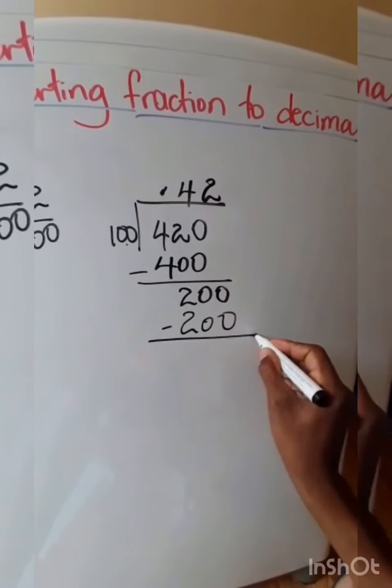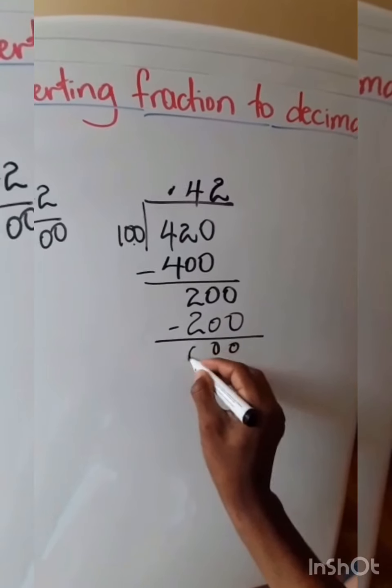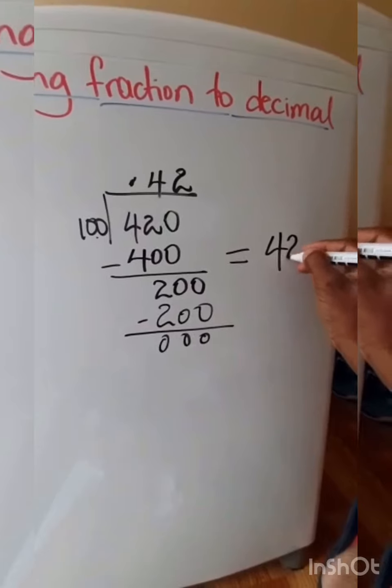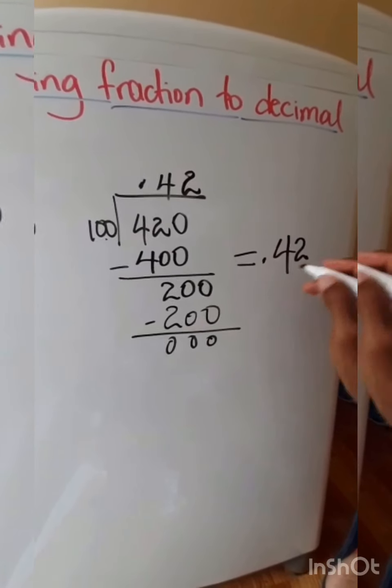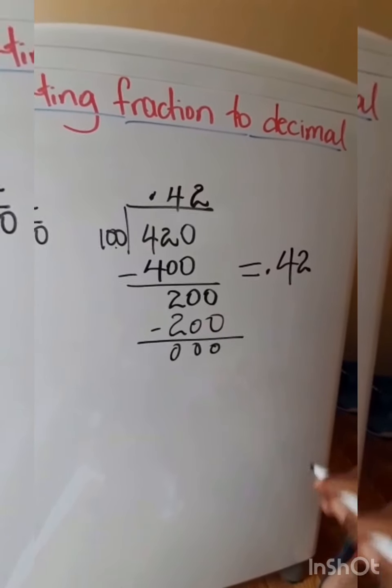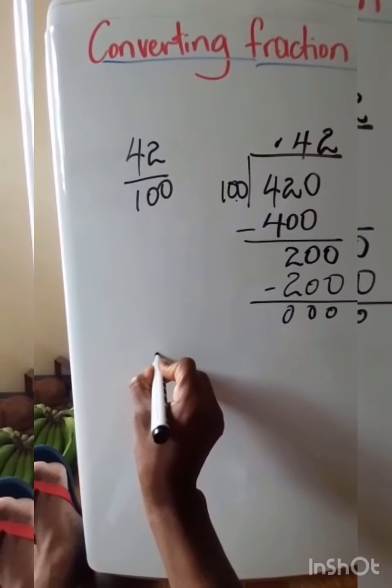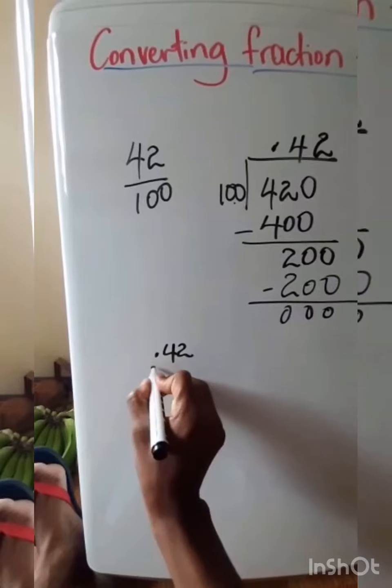We take away, and we end up with 0. So our answer is equal to 0.42.